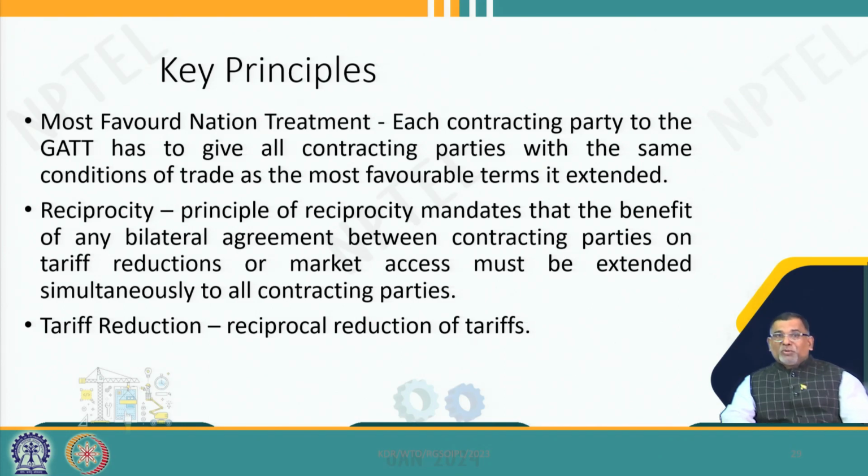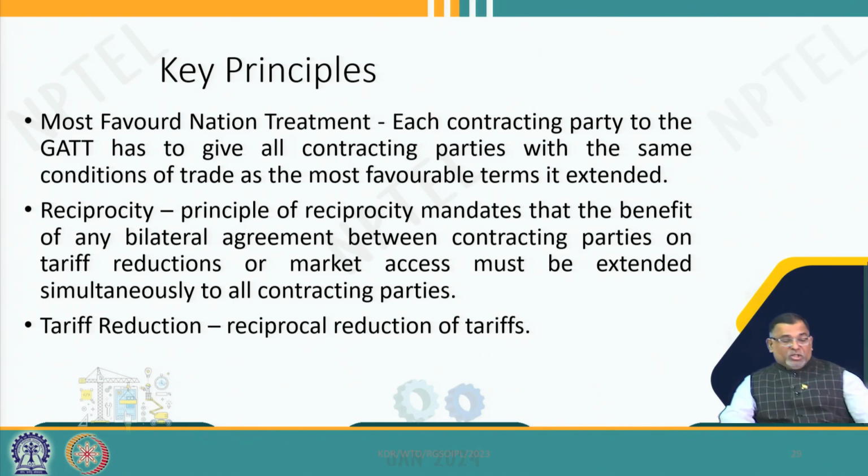And then reciprocity: the principle mandates that all the benefits should be given to all contracting parties, with reciprocal tariff reductions. You reduce, I will also reduce. So, the tariff reductions were put in as schedules.